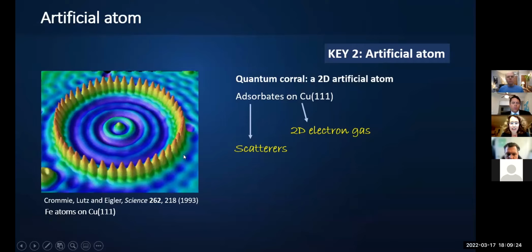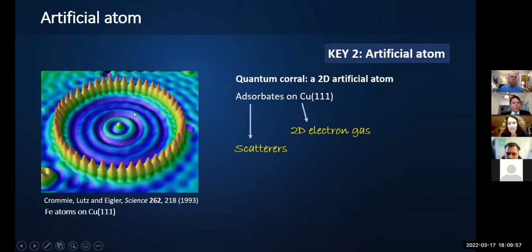To create model Hamiltonians, we basically want to create artificial atoms. We just discussed that we can use an STM to manipulate real atoms in certain spots. Here you see on the left, if we move, in this case, iron atoms on a surface in a coral, then you see a standing wave of electrons of the copper surface underneath.